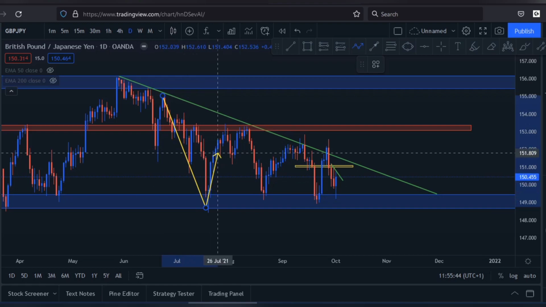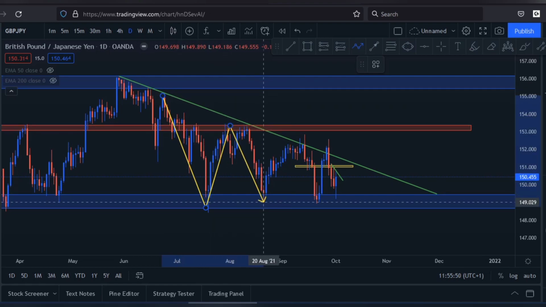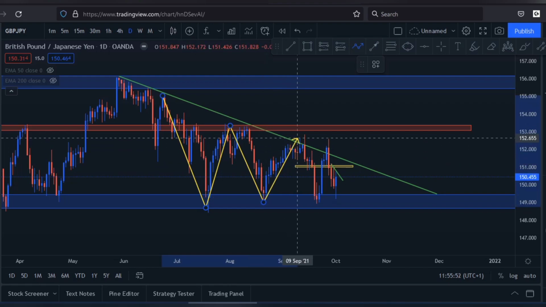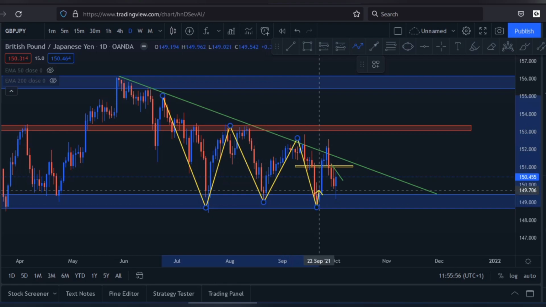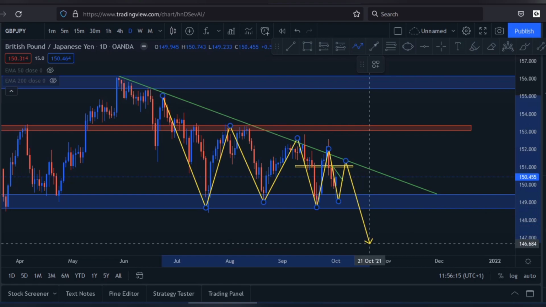Okay, so anytime price bounces up, comes all the way down here, it bounces off that area again, it forms a lower high, it bounces off that area again, forms another lower high, and back to that area again, and it's about to bounce, and it could get to this trend line, like I said, or this resistance area and form another lower high, okay, before coming back down, and it could eventually break this level all the way to the downside.